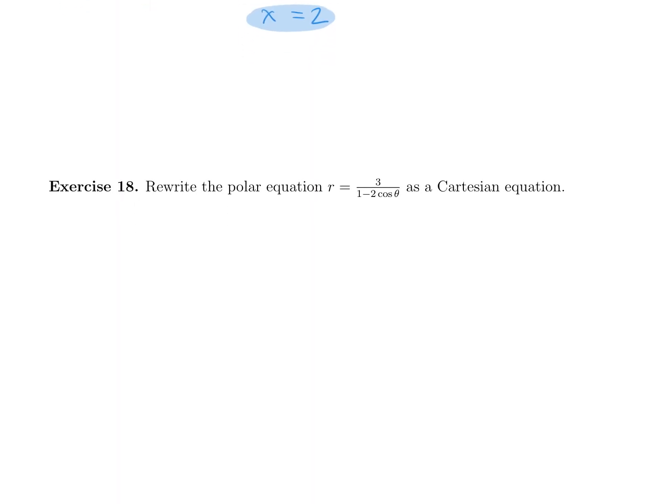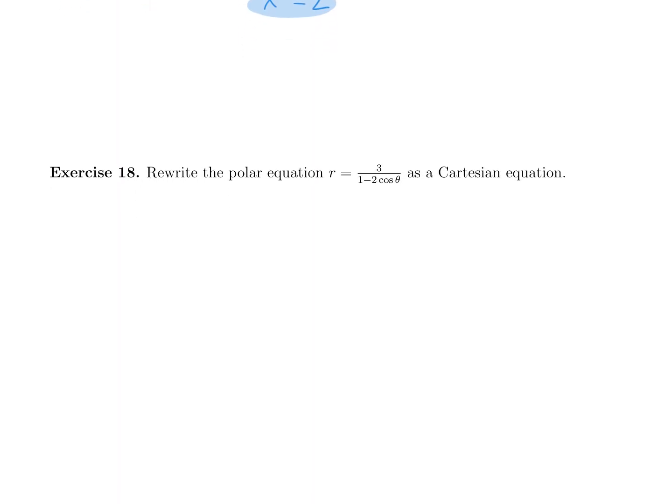So same thing, we have another polar equation that we want to write in Cartesian form. So it looks like the thing that we can do here is to multiply the equation by the denominator. We have r equals 3 over 1 minus 2 cos theta.